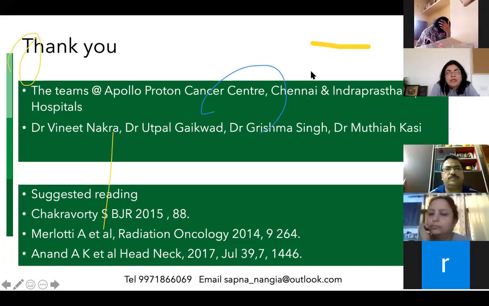For N1, we don't need to treat the contralateral neck. When we do treat the contralateral neck, the rule of thumb is that you treat whatever would have been involved on the ipsilateral side up to 5%. So it would normally be level 1, 2, and 3. Contralateral level 1, 2, and 3.